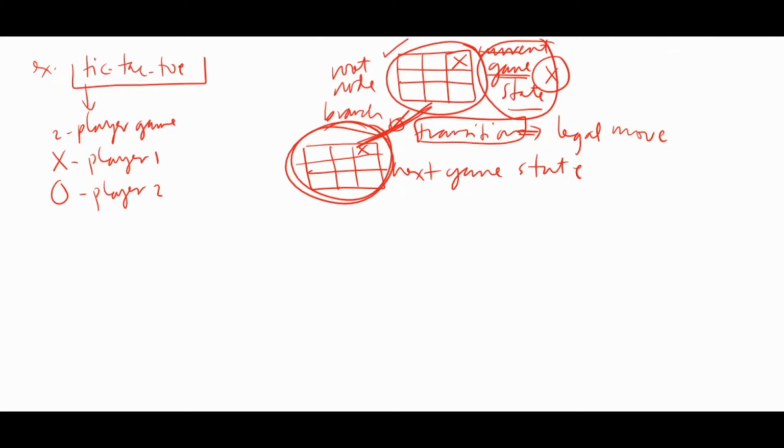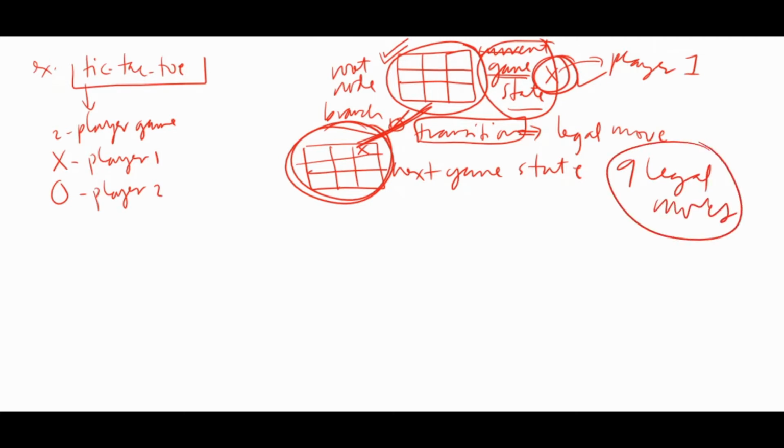So from the current game state, where all 9 squares are still vacant, how many legal moves are available for player 1, or player X? There will be 9 legal moves, which means there will also be 9 transitions, right?